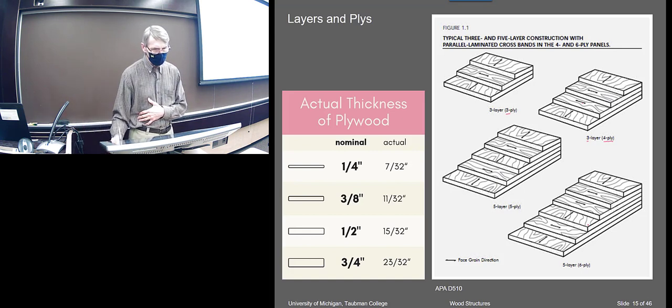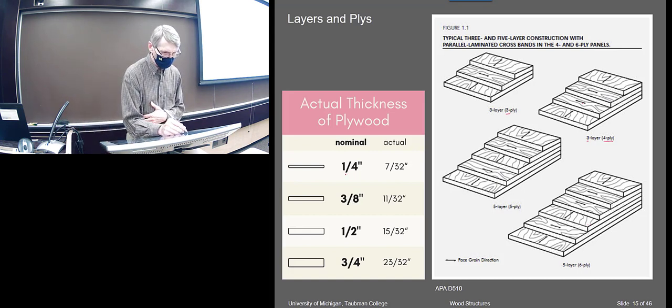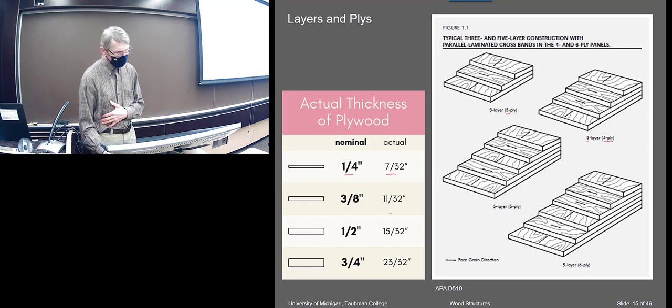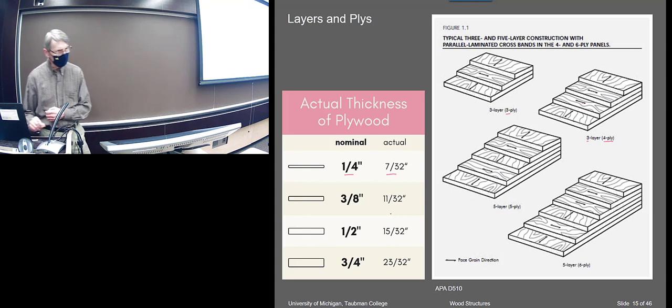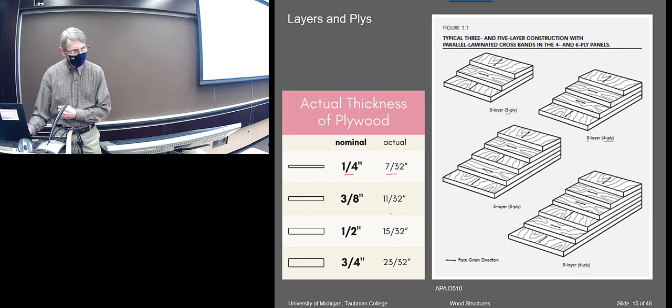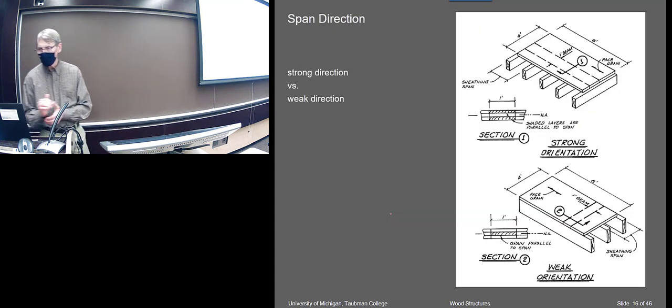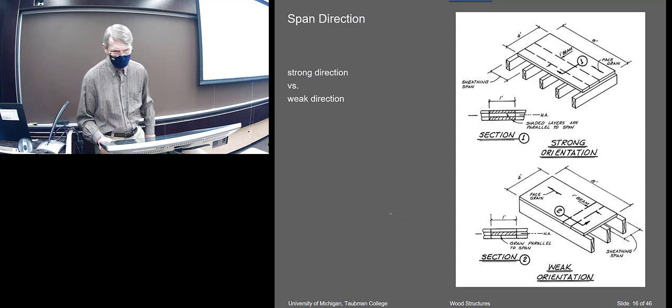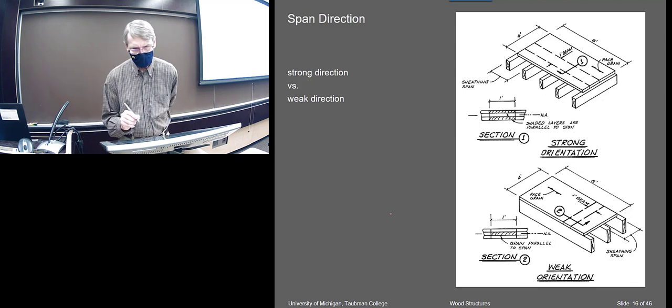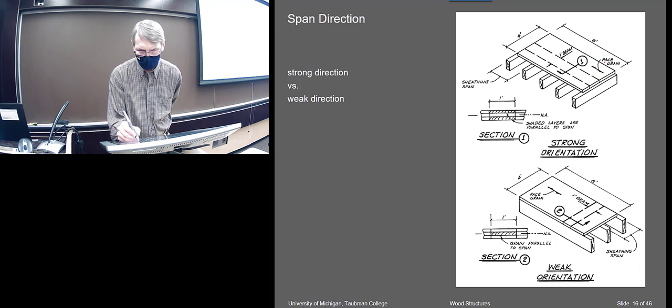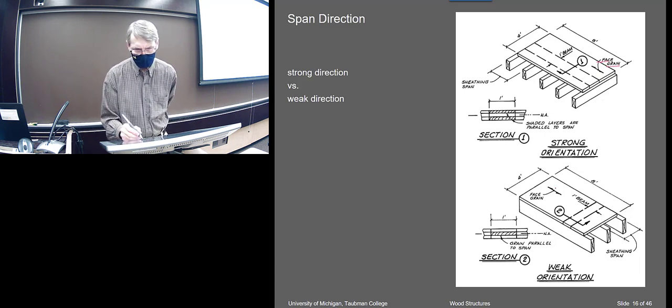So then here are the nominal thicknesses. It also has nominal and actual thicknesses. You can see they're a little bit undersized, 32nd undersize or something like that. Okay. We talked about this. Span direction is the direction of the face grain, going in the 8-foot direction, right?